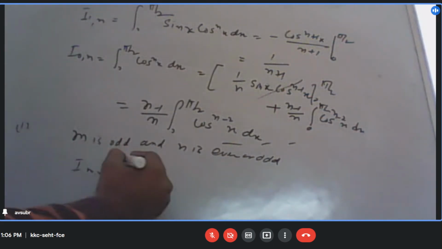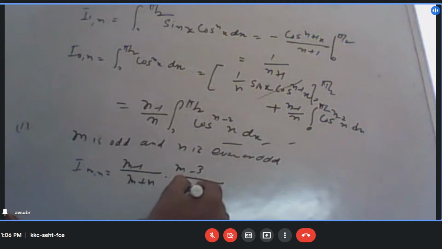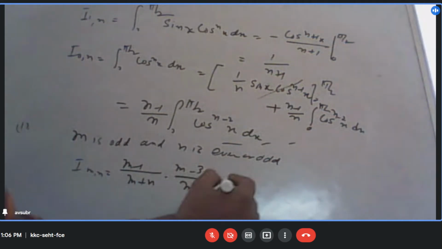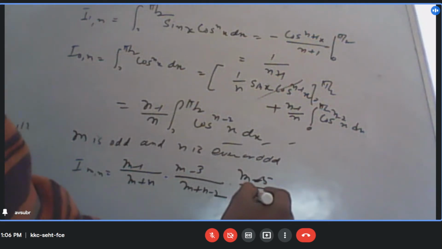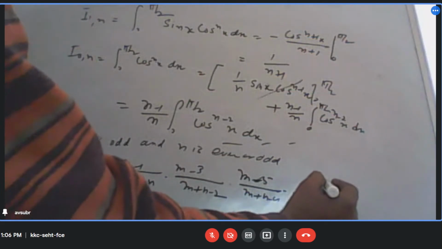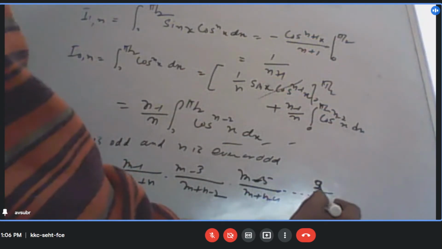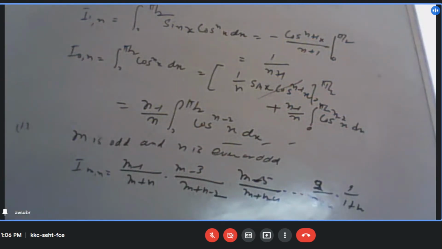So the first value will be m minus 1 by m plus n into m minus 3 by m plus n minus 2 into m minus 5 by m plus n minus 4 and so on and so forth, 2 by 3 plus n into 1 by 1 plus n. So this is the formula which we will get. Is it visible or not? Yes, sir.